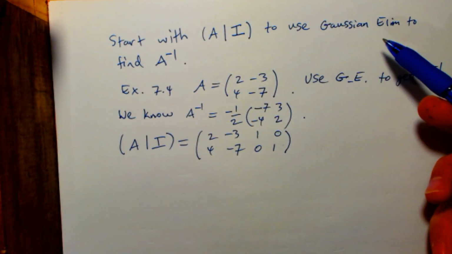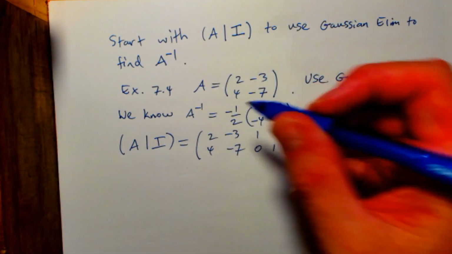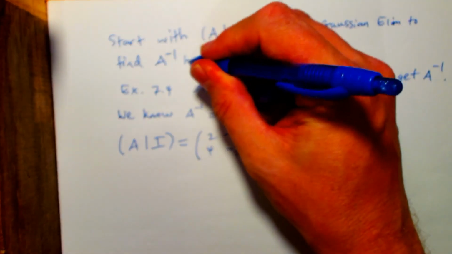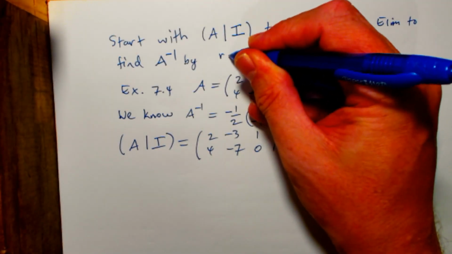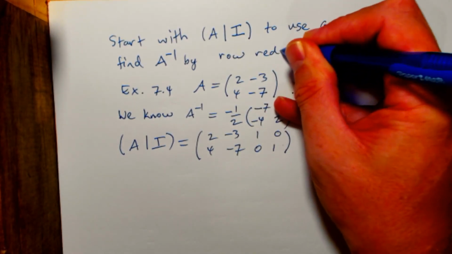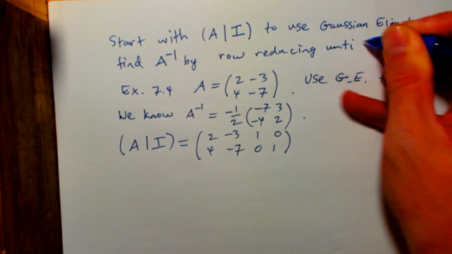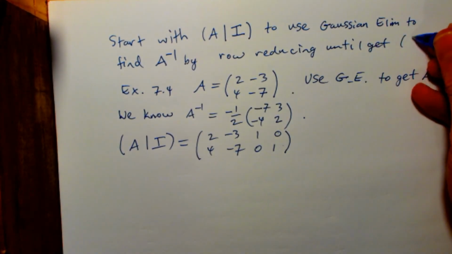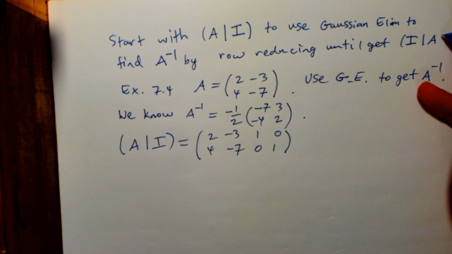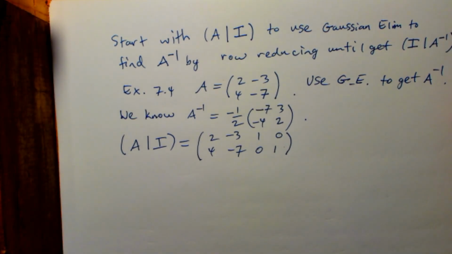We use Gaussian elimination on this to find this by row reducing until we get the identity concatenated with A inverse. Okay, so that's what we're doing here.